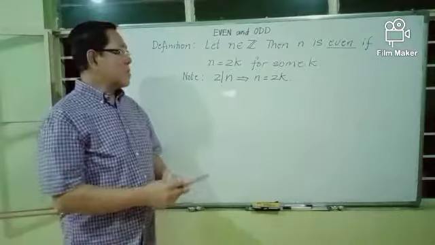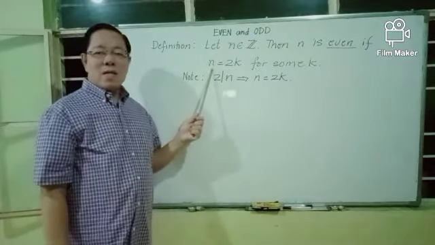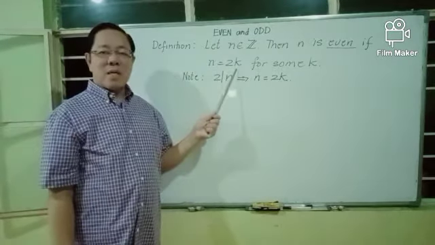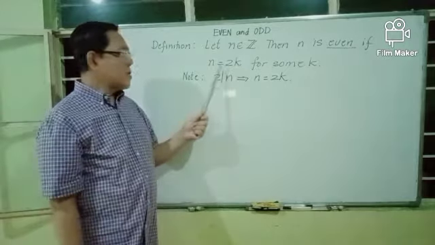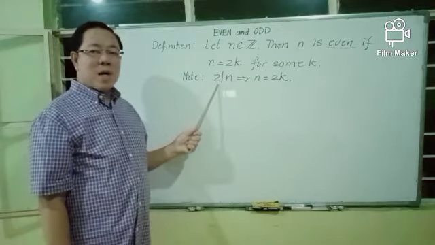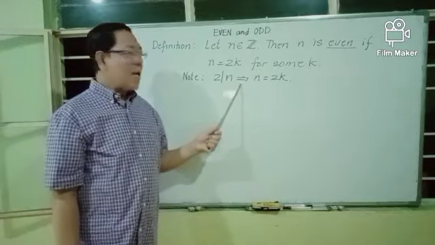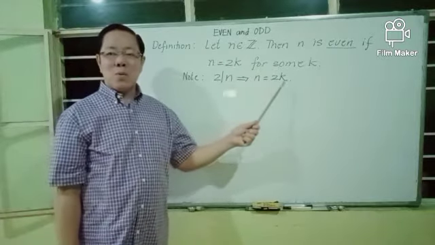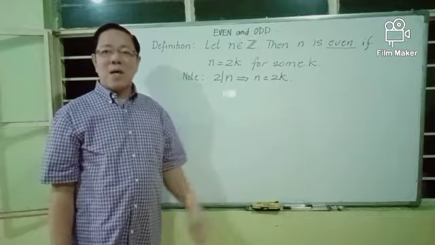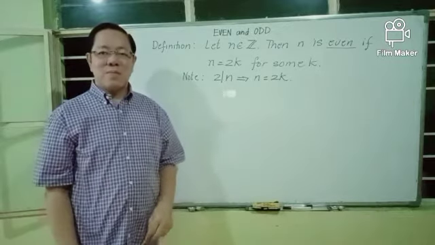By definition of divisibility, n equals 2 multiplied by k means that 2 divides n. And we write 2 divides n, by definition of divisibility, implies that n is equal to 2k for some k where k is an integer.